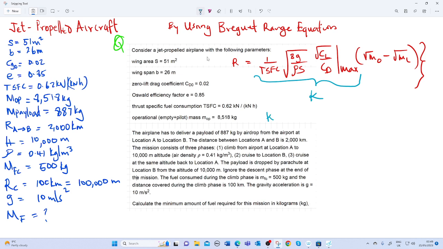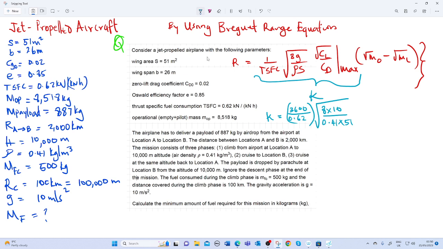So by pulling out the constant, our constant, which is 1 over TSFC, with TSFC in hours, to convert it to seconds it becomes 3,600 over 0.62, multiplied by the root of 2 multiplied by 10 over 0.41 times the wing size 51, multiplied by CL over CD.